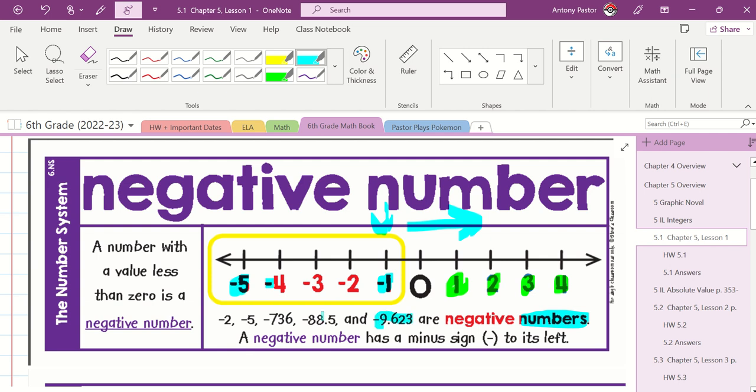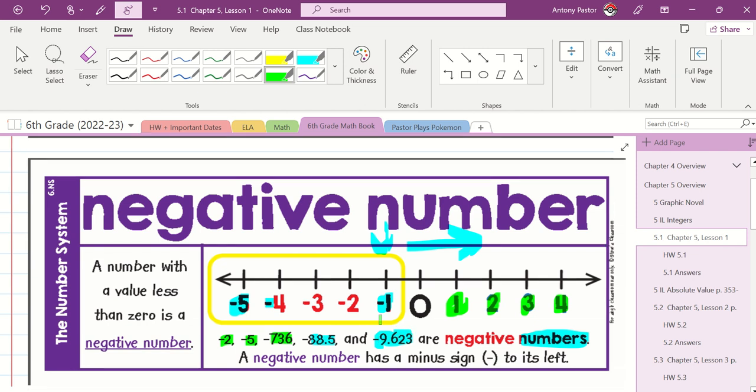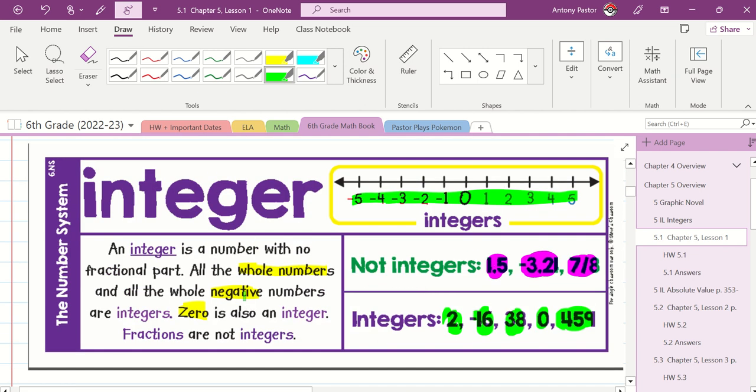These decimals here are negative numbers, but are they negative integers? No. Negative integers on this one would be negative 2, negative 5, negative 736, because they're all whole numbers. The fact that they have a decimal in 88.5 and 9.623 make them non-integers. Again, integers are whole numbers.